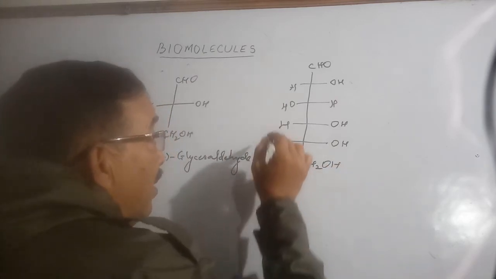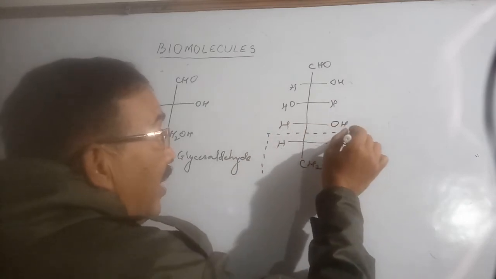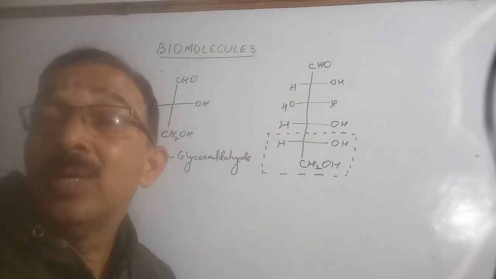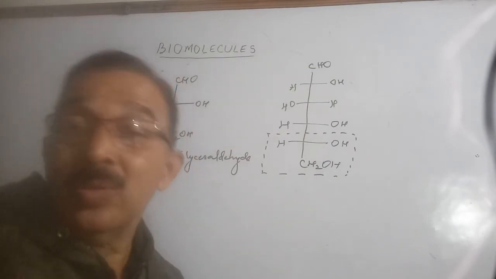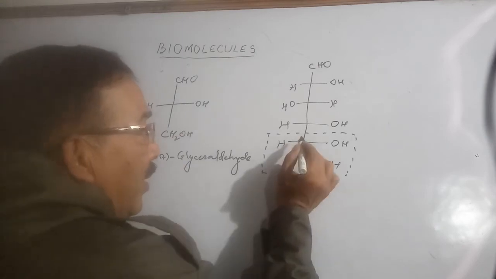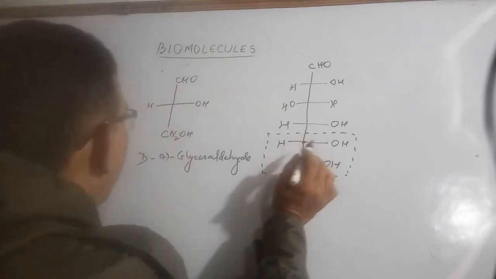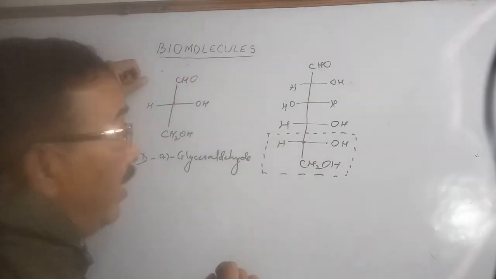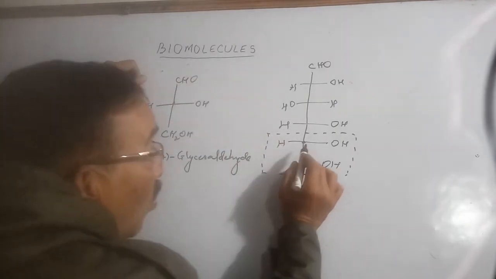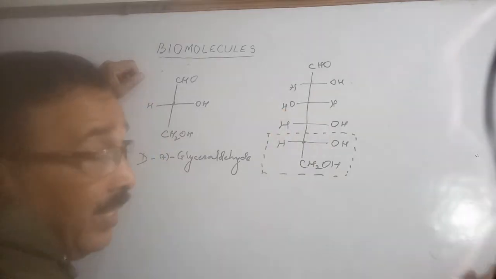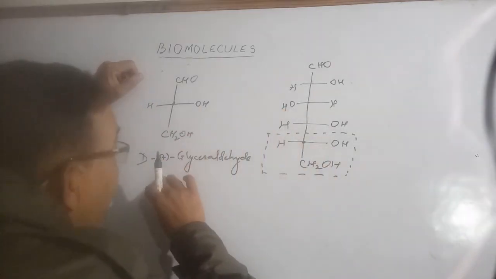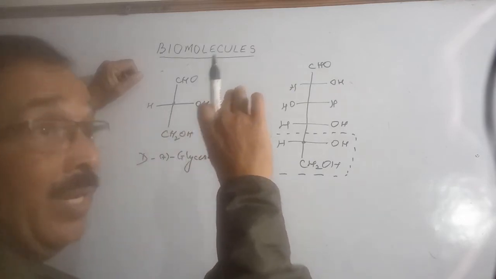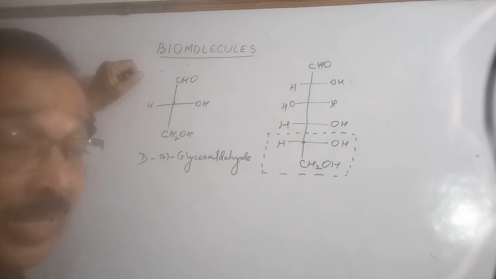Look at the last asymmetric carbon of glucose. This is your asymmetric carbon, and compare it with the asymmetric carbon of glyceraldehyde. The OH group is on the right hand side. In plus glyceraldehyde, the OH group is on the right hand side of the asymmetric carbon.